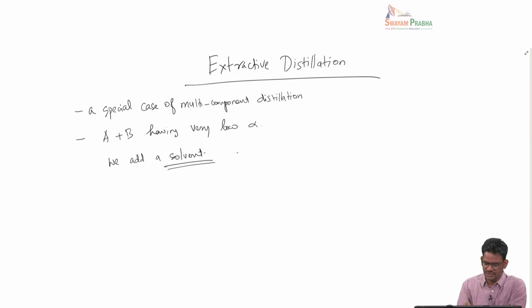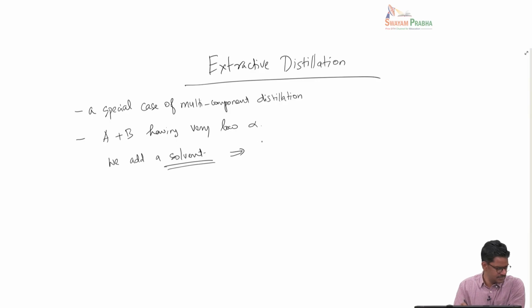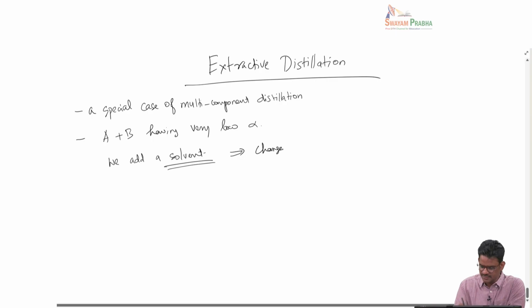So the solvent is supposed to increase this; it basically changes alpha to effect better separation, and usually it is very less volatile or non-volatile.